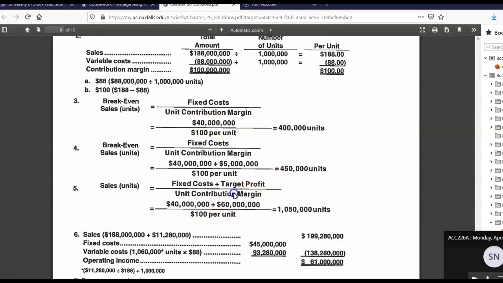We want to also have another 60 million of operating income. So now we have 100 million in our numerator divided by still the $100 per unit contribution margin. We would need to sell 1,050,000 units, and then we'll obtain a $60 million operating income. Okay, 60 million in operating income.